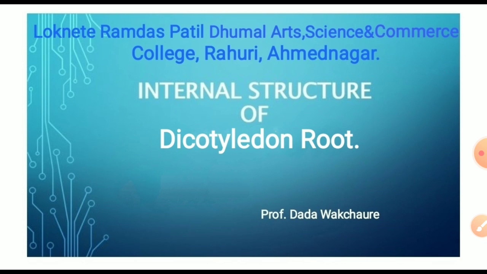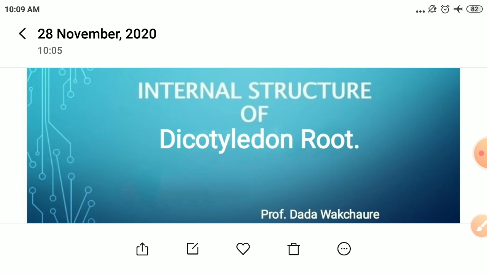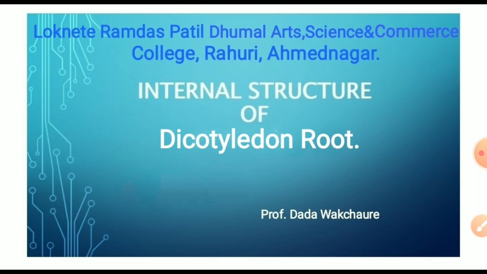These are typical examples which show dicotyledonous internal structure. Now we have to study what type of vascular bundles are present in the root, how they are organized, what the different components are, and other structures related to the internal structure of the dicotyledon root.